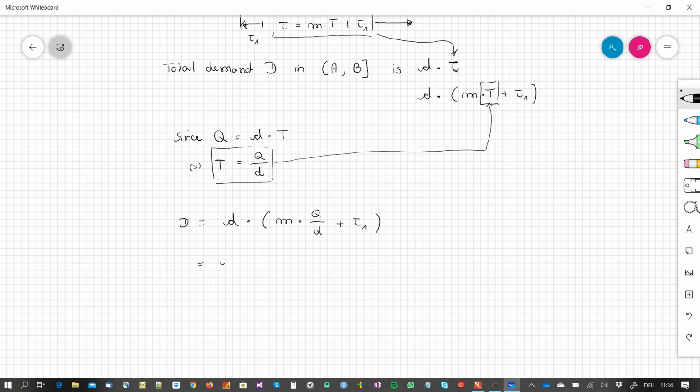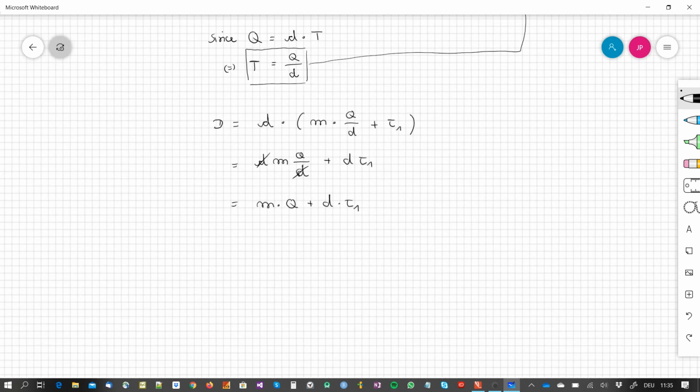What we do now is we simply lose the bracket and here we get rid of the D. So this is now the statement of the total demand in this interval that we consider when we have a positive lead time.